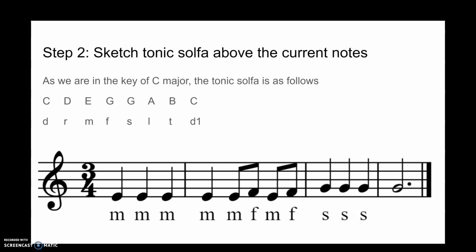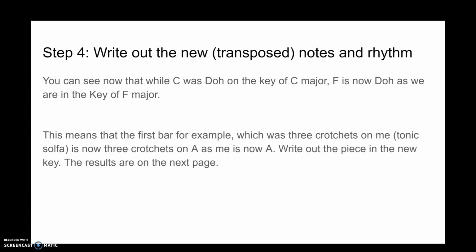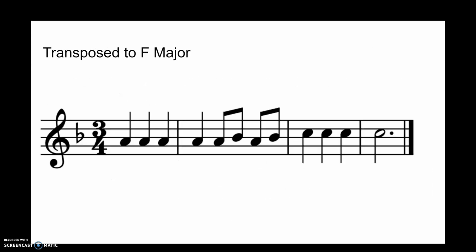Here's the first one again in the key of C major. Okay, but let's say a singer or any instrumentalist comes along and says, no, I don't like it, it's too low. We're going to transpose it up to F major. It becomes this. And there we go. And that is how you transpose. Okay, well done.